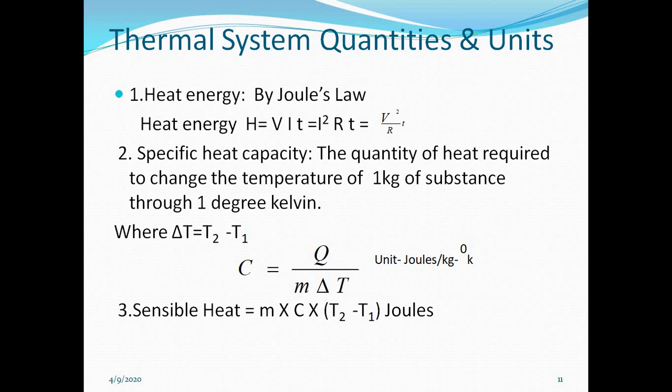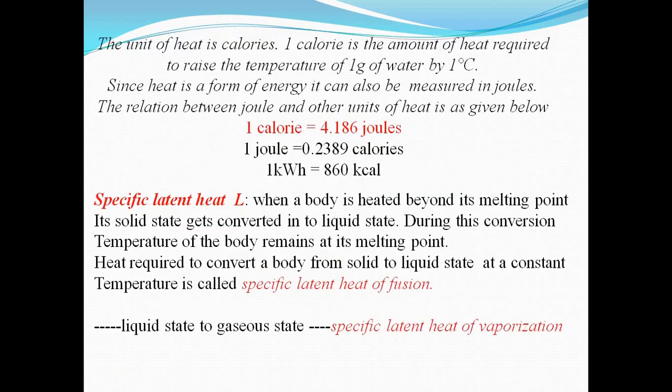Lukewarm water is the example of sensible heat, because in that we are just increasing the temperature of the water. We are not changing its state. So sensible heat is equal to mass into specific heat capacity C into change in temperature, that is T2 minus T1. It is energy or heat. This is related to heat energy, so its unit is joules.